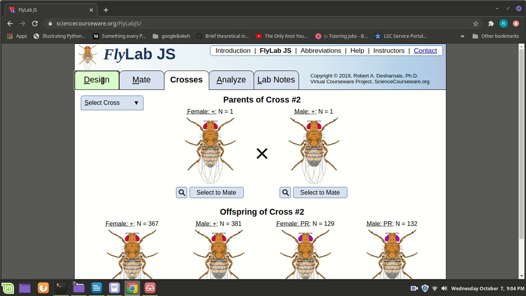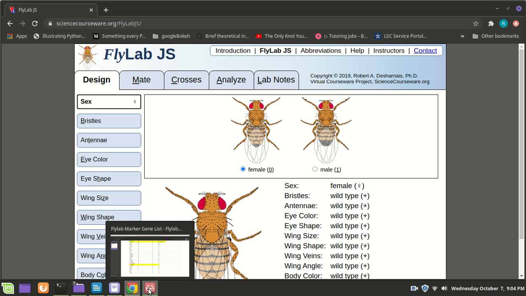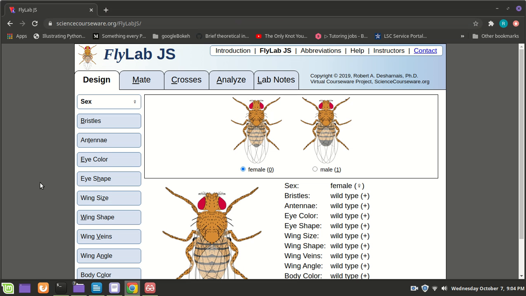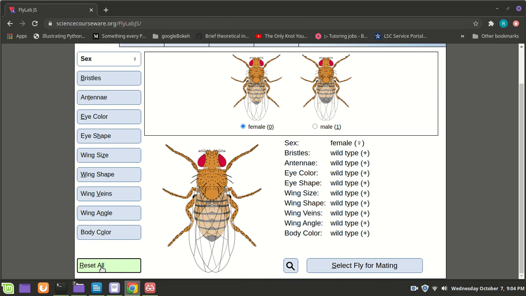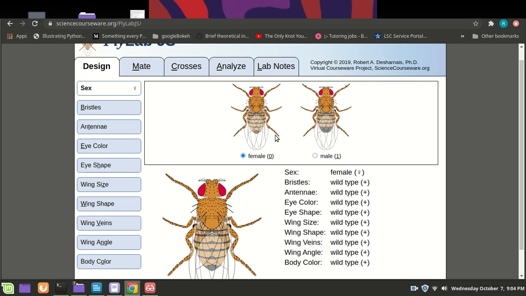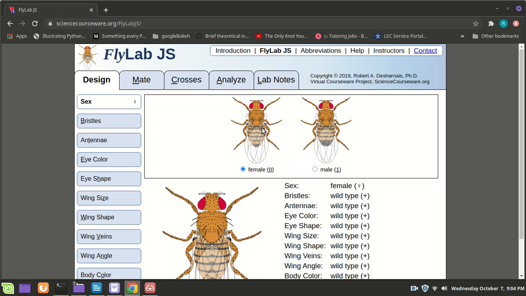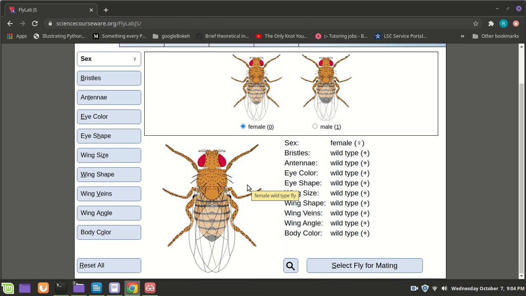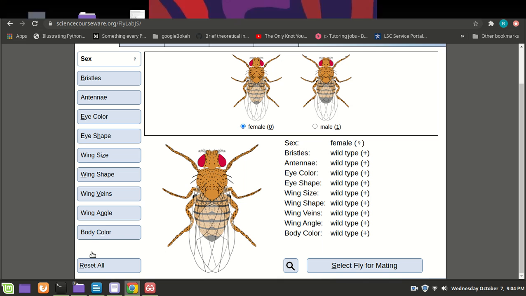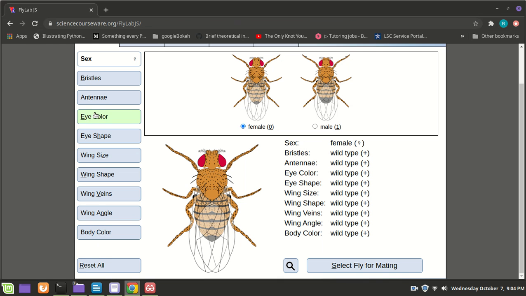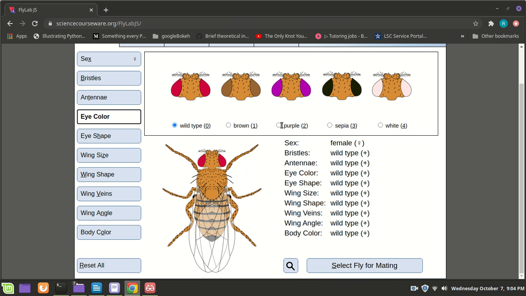Now let's try something else. Let's reverse this and make it male and female and see if we get any difference. I'm now going to make the female, male, female, yeah, female, and we're going to change the eye color, again to purple.